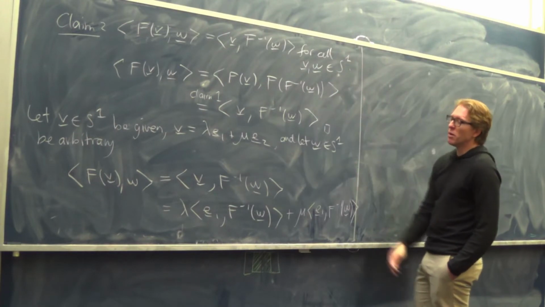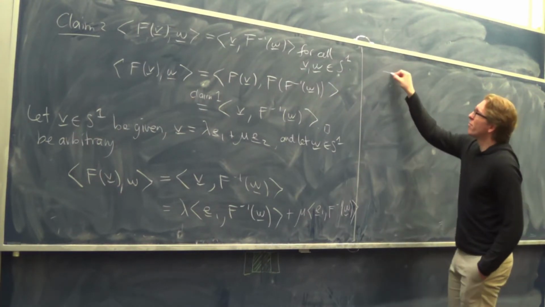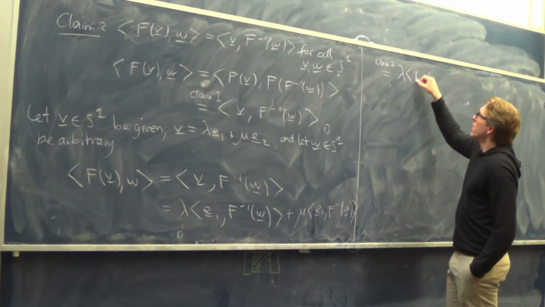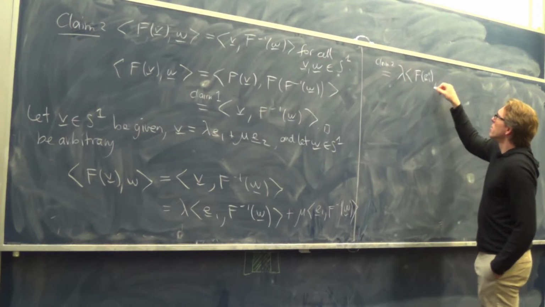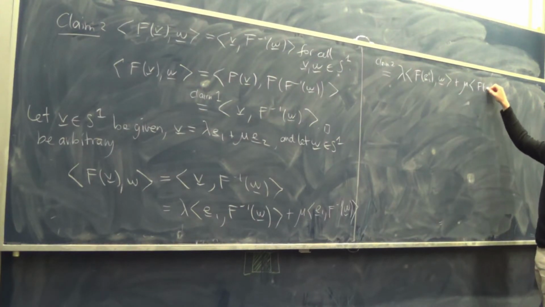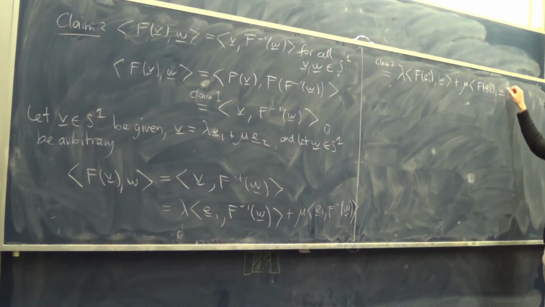They're points on S1, so I can use claim 2. That's lambda f of E1 W plus mu f of E2 W.